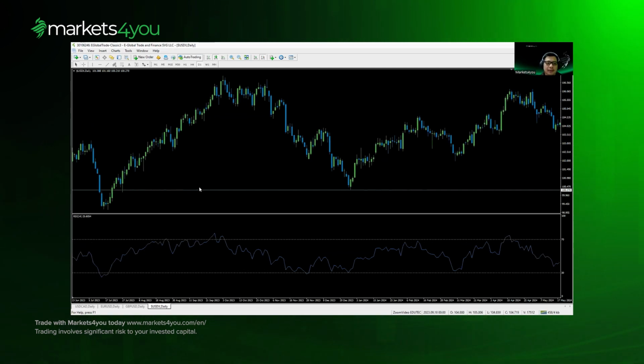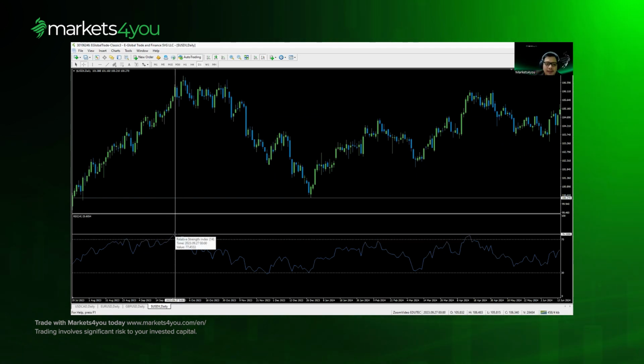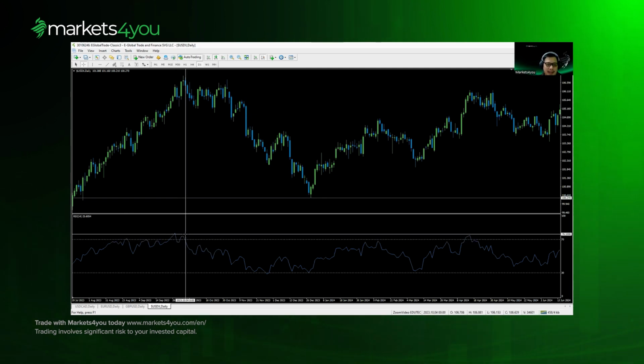Now from the other side, you can see here that it has reached a higher level, and the RSI is already moving above the 70 level. So it's showing that there's a possibility of a reversal. But remember, before you sell right away, there's a possibility that it will go back higher.